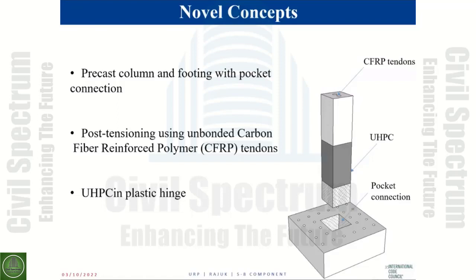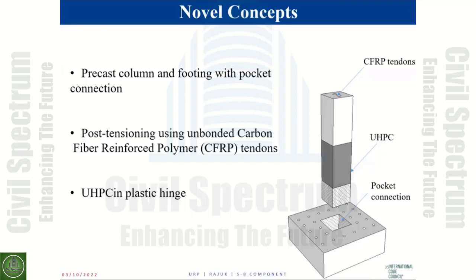Again, these are the two new materials that we have in this column. The UHPC is to control, minimize, and reduce plastic hinge damage. And the purpose of using CFRP tendons is to recenter, bring the column back to its original length.